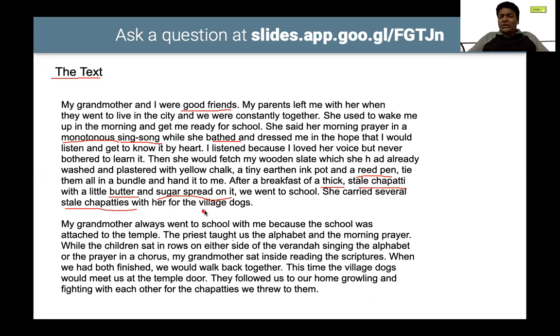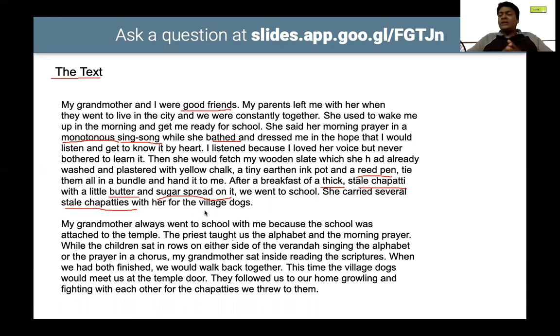So the paragraph of the second unit tries to give us a very beautiful description of the writer and the writer's grandmother's relationship. The writer's parents were living in the city, right?